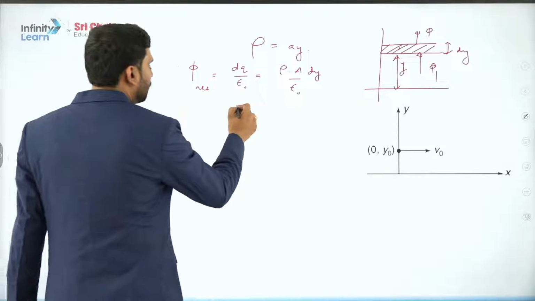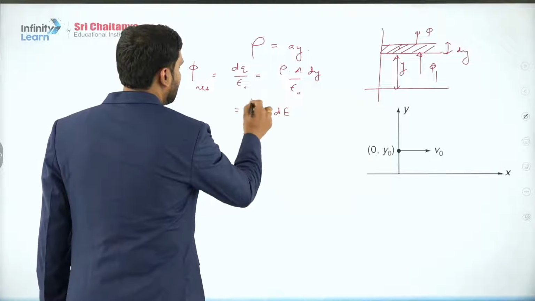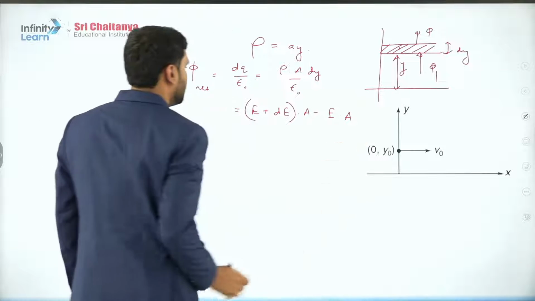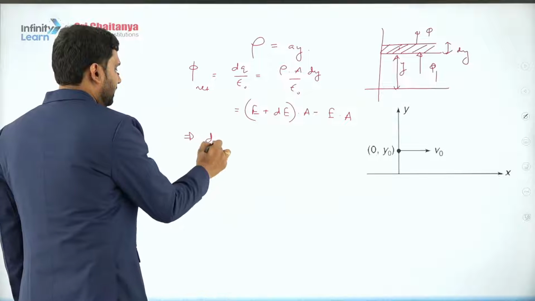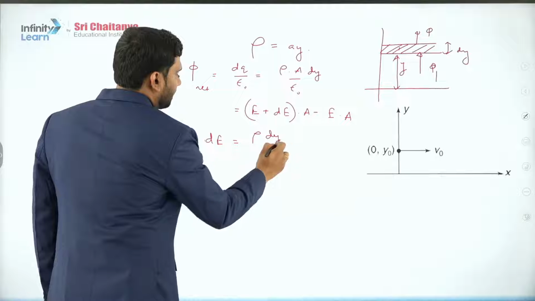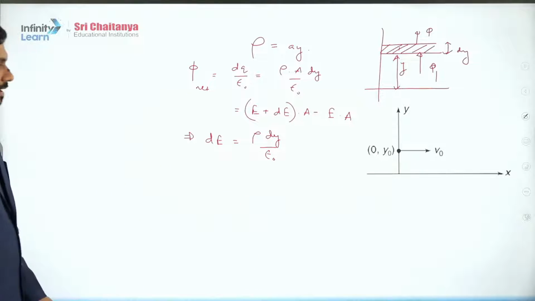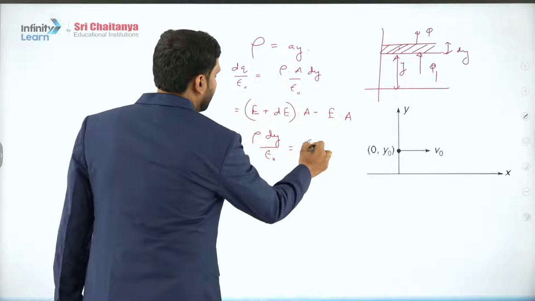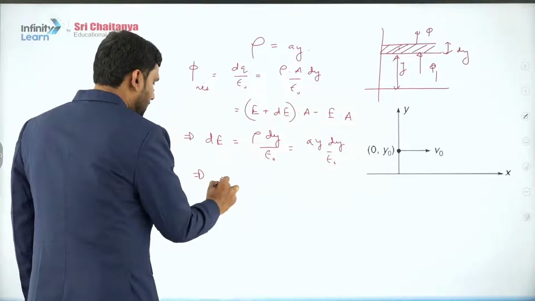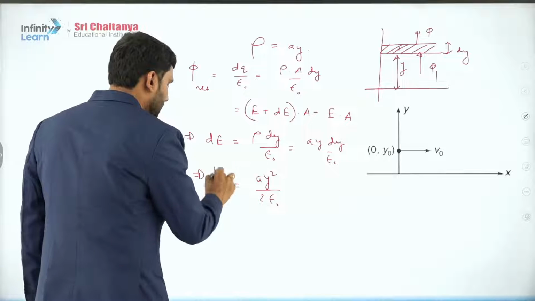And this should be equal to (E plus dE) into A, flux, minus E into A. So if you cancel, how much are you getting? Rho dy by epsilon naught. And rho is equal to Ay, so dE equals Ay dy by epsilon naught. So E will be Ay square divided by 2 epsilon naught.